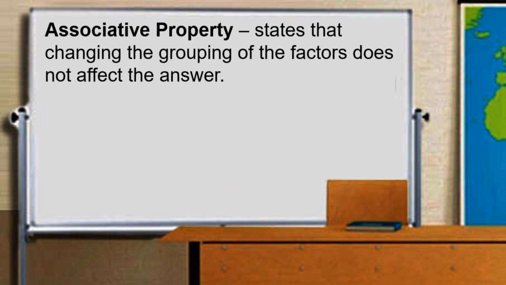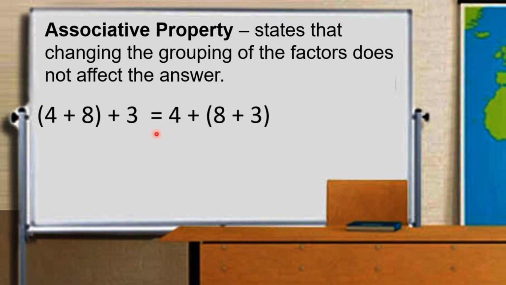Let us have some examples of associative property. So, addition muna tayo. (4 plus 8) plus 3 equals. So, ilabas natin from parentheses si 4, and then pagsamahin ngayon natin sa parentheses si 8 plus 3. Kaya meron tayong 4 plus (8 plus 3).